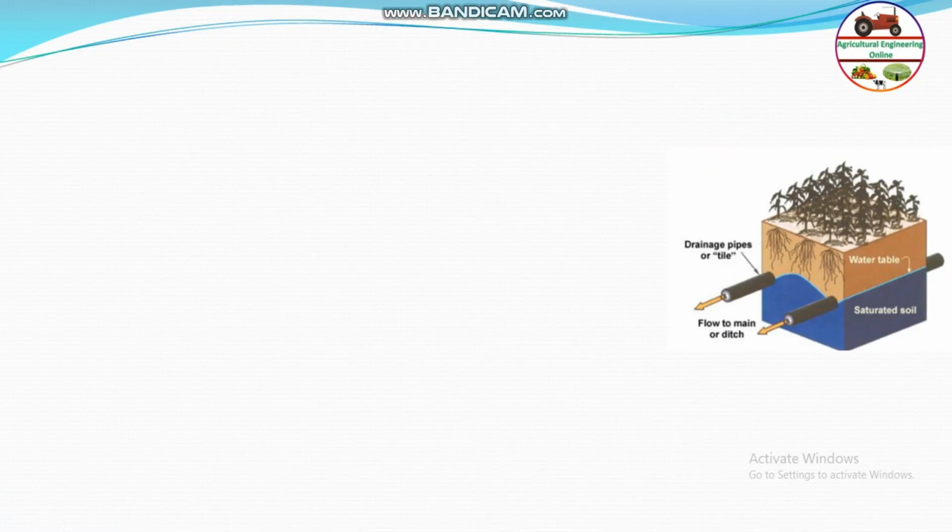So first of all, if you see the solution, here it is not asked to find out the spacing between the tile drains. Generally, the distance from one tile pipe to another is already fixed, so it's not required in this case.